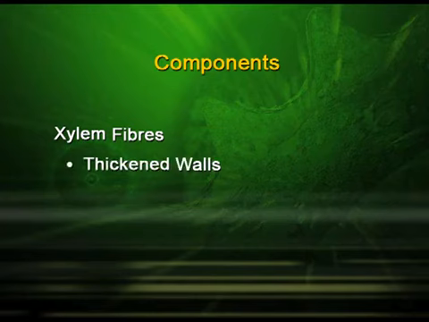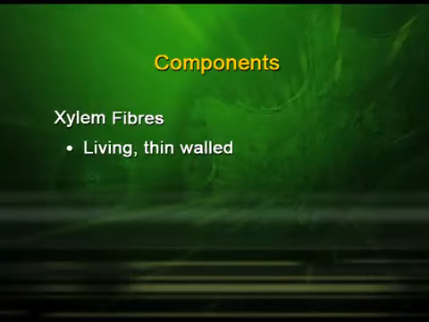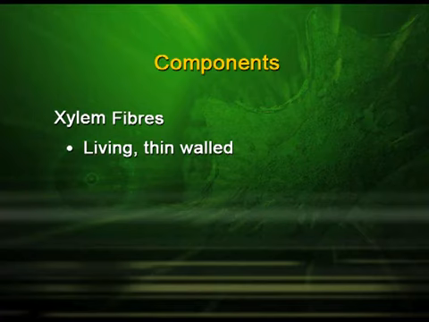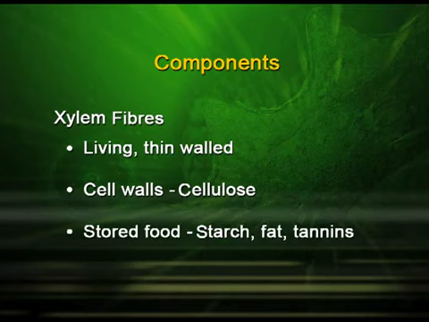They have thickened walls and they may be septate or aseptate. Xylem parenchyma. They are living cells and they are thin walled. The cell wall is made up of cellulose and the stored food is starch, fat as well as tannins.